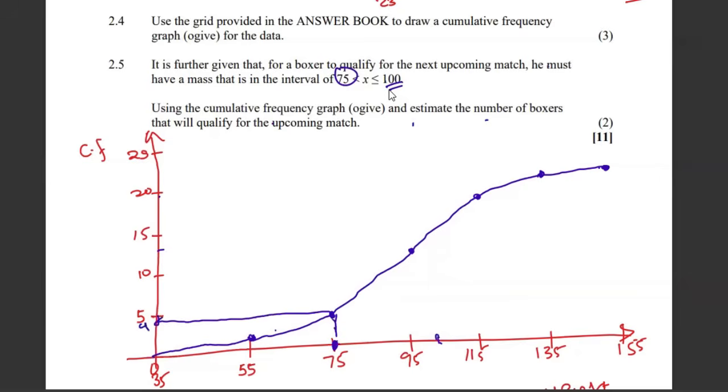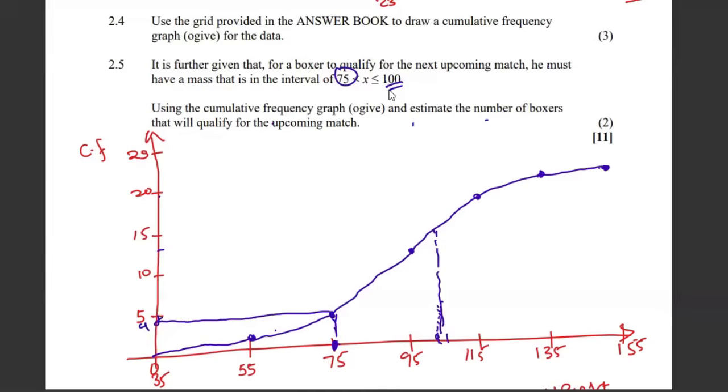Then we also need to look for 100. So we have 20 intervals here, one interval of 20. If I have a 10, that's going to be 105. So roughly from somewhere there. Then I stretch that line up until it meets the cumulative and take my reading.